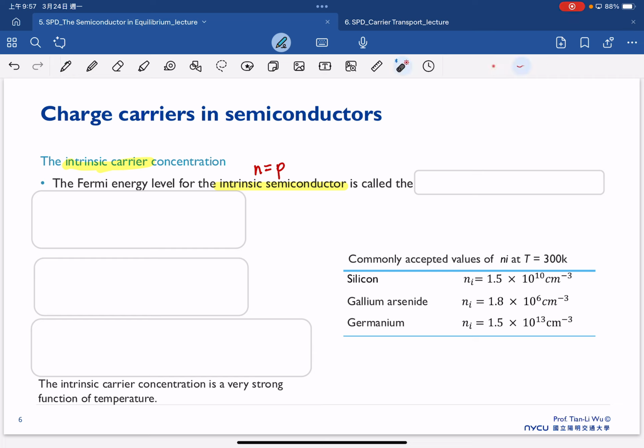The Fermi energy of the intrinsic semiconductor is called the intrinsic Fermi energy.